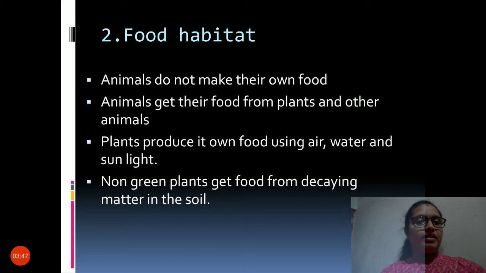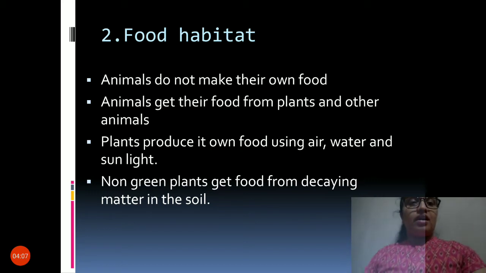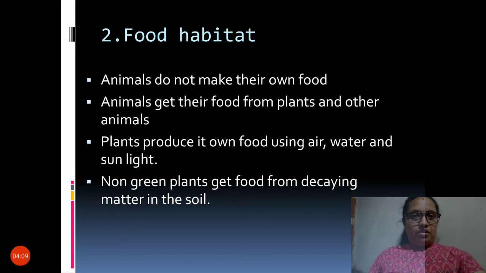Then they eat plants, so they depend on plants. Then other animals like lion, cheetah, bear will eat the flesh of other animals, correct? So animals get their food from plants and other animals. Okay, this point understood. Let us see next.